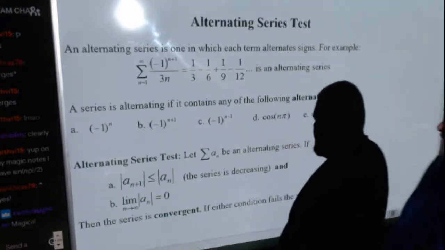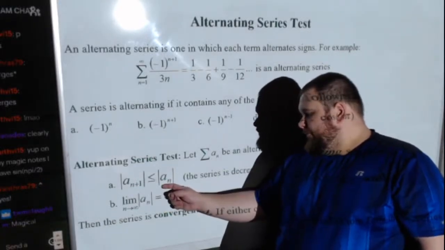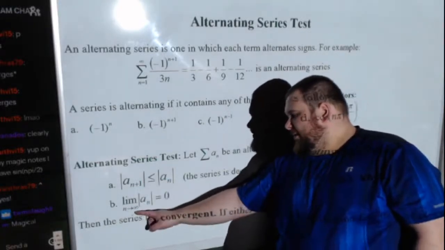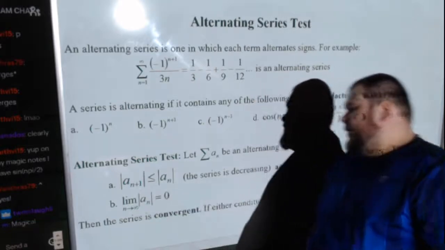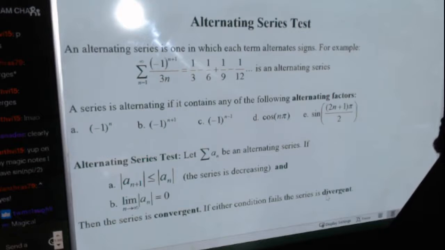So again, we need to show that the subsequent terms are smaller than the ones that came before them, and the limit as n approaches infinity goes to 0. If we get both of those, then we can say it's convergent. If either of them fail, we're going to say that it is divergent.